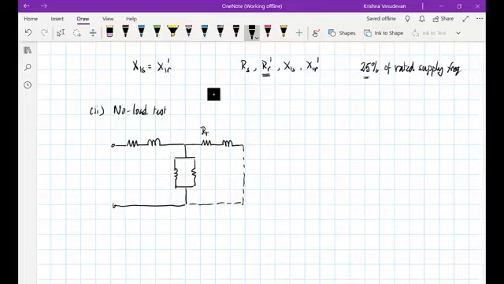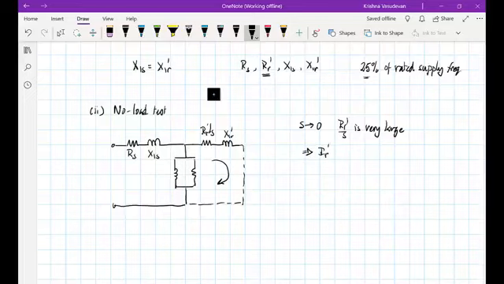This resistance is RR dash by S, XLR dash, RS, XLS. Now since slip is going to be very small, RR dash by S is very large, and therefore the flow of current I2 dash, IR dash here is neglected.